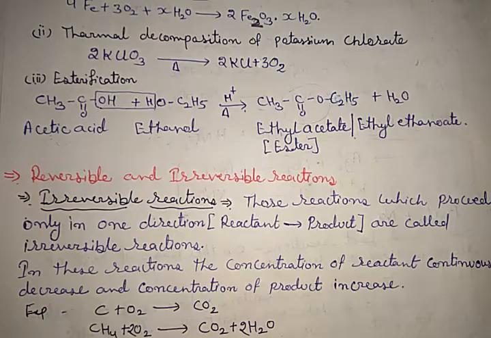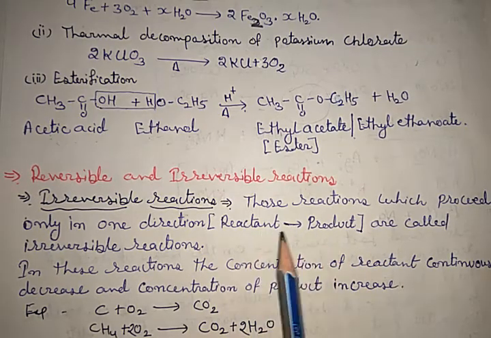In these reactions, the concentration of reactant continuously decreases and the concentration of product continuously increases. As the reaction proceeds, the concentration of reactant decreases because it is converting to product.